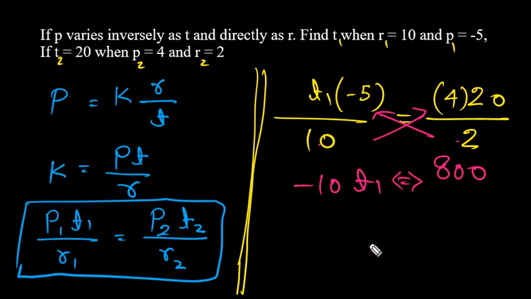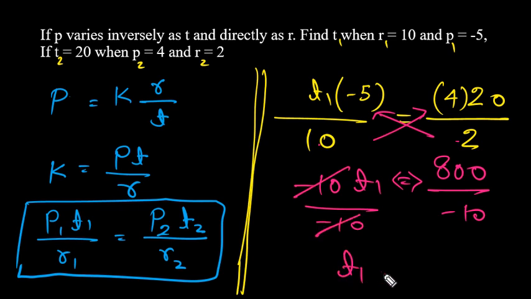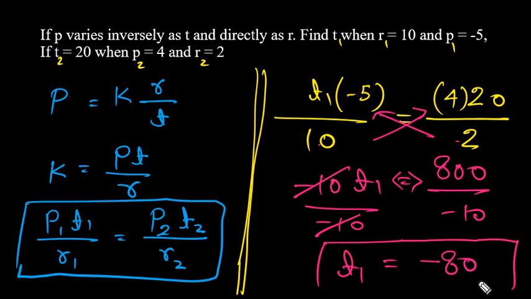Okay, that's it. Now divide with negative 10 both sides, that will be cancelled. T1 is equal to negative 80. That will be your answer, right? Just cross check. If I miss any sign or anything, you can put those values and you will get the right answer. So according to what we did, t1 is negative 80, and that's how you solve this type of question.